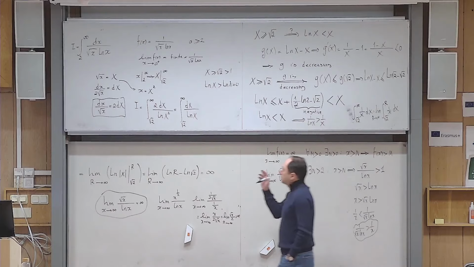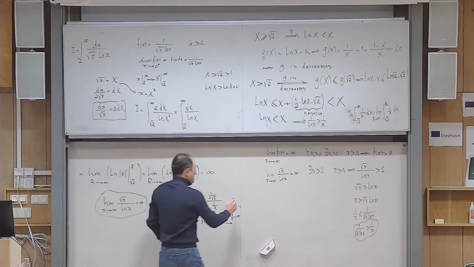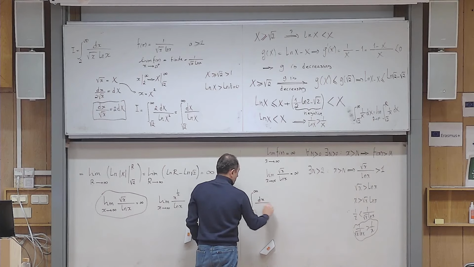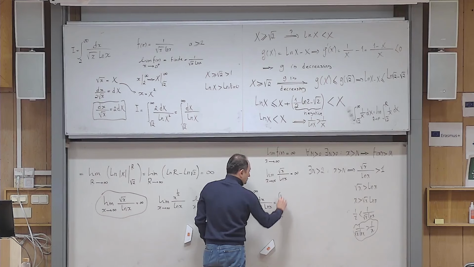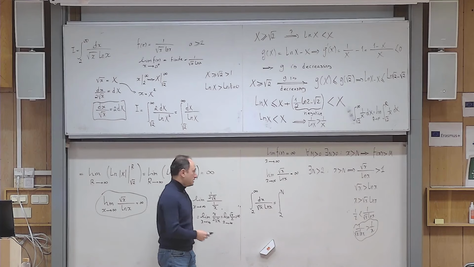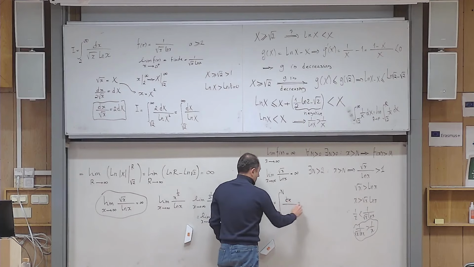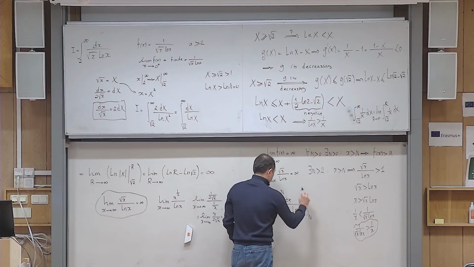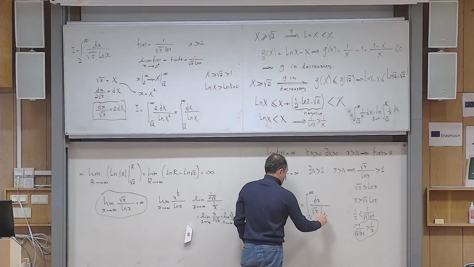But there is no guarantee elsewhere, so I want to use that inequality. If I go back to the original integral, I have to break my integral from 2 to infinity, dx over square root of x ln of x, into two parts: one from 2 to that n, which I don't know what it is, but I know that that n exists and it is greater than 2, plus the integral from n to infinity, dx over square root of x ln of x.